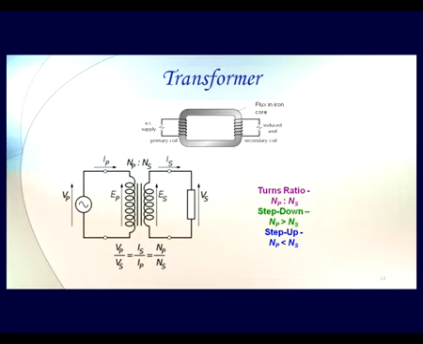So if we have more primary turns and fewer secondary turns, we have lesser voltage in the secondary, and so it is called a step down transformer. We are stepping down the voltage from 230 volt AC to a lower value, equal to NS upon NP times V input.